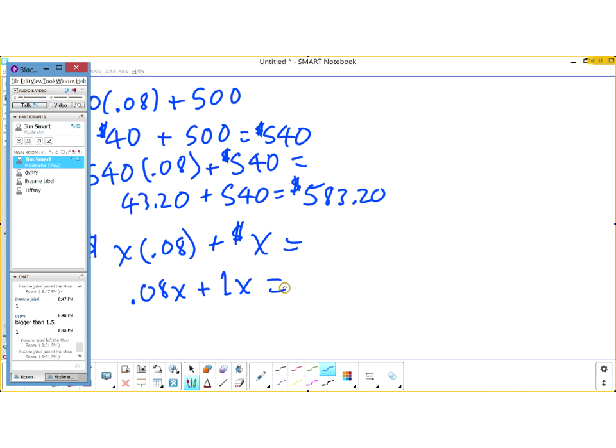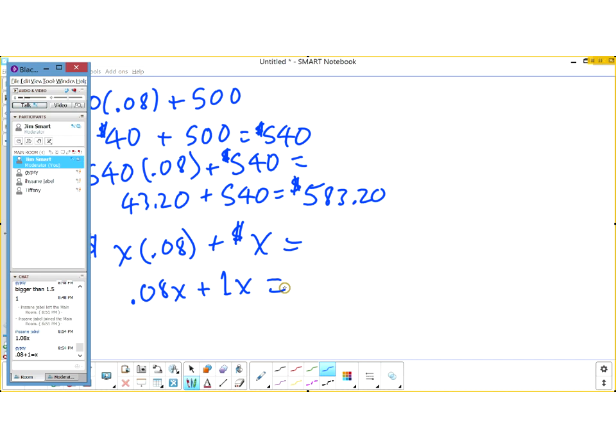What's 0.08x plus 1x? Oh, nobody's chatting. Here comes Gypsy. Or Isan. Isan has it: 1.08x.